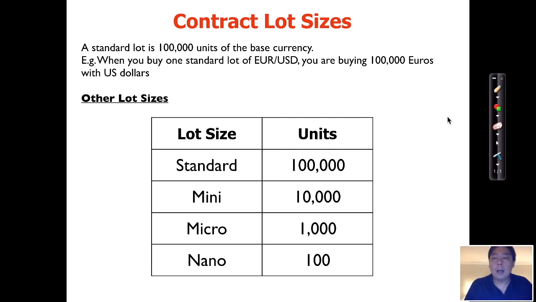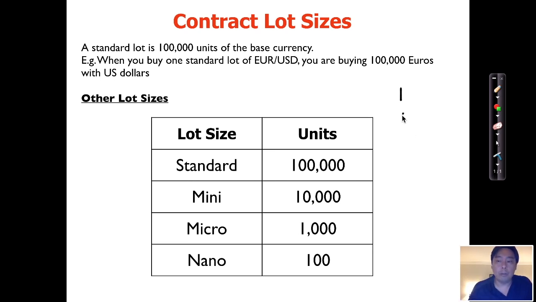For example, if you use most MT4 platforms, you key in terms of lot size. If you want to buy 100,000 euros for Euro USD, you key in 1, because one lot means 100,000. If you want to buy 50,000, what do you key in?